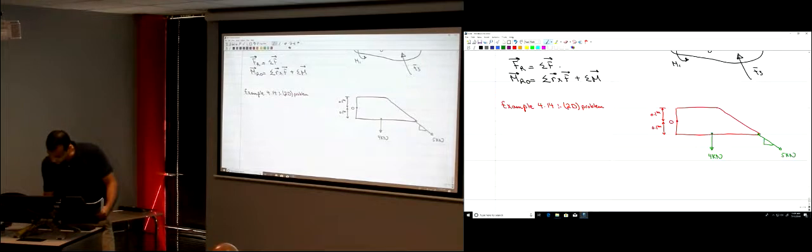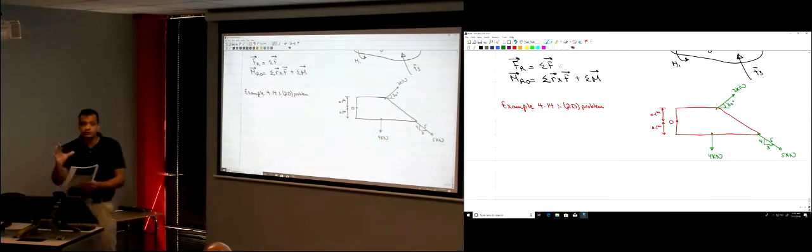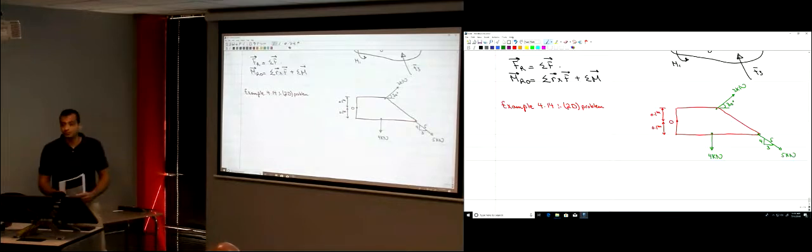The direction of this force is 5, 4, 3, okay? And another force here pulling this object by 3 kilonewtons, and this angle here is 30 degrees. So I have those 3 forces applied on this object, okay?